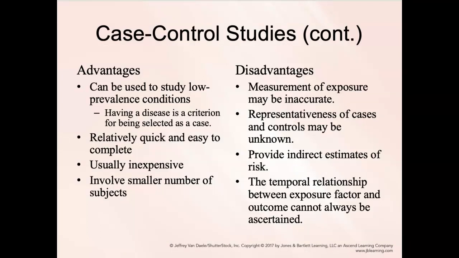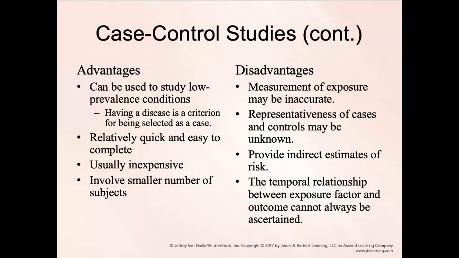Case control studies have their advantages and their disadvantages. They are really great for studying rare diseases, especially considering other analytic study designs that we have. So for example, in a cohort study, you recruit a group of people and you follow them over time. Well, if you have a really rare condition, you may never get a single case of that disease that appears in your cohort.